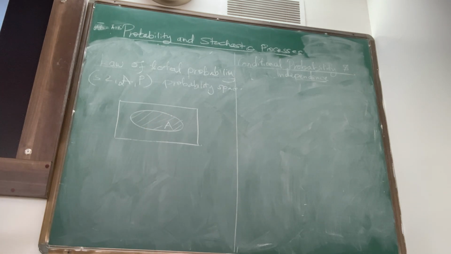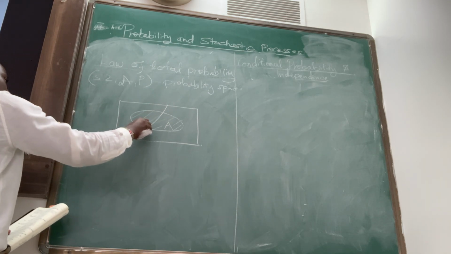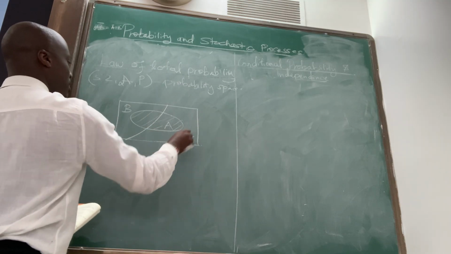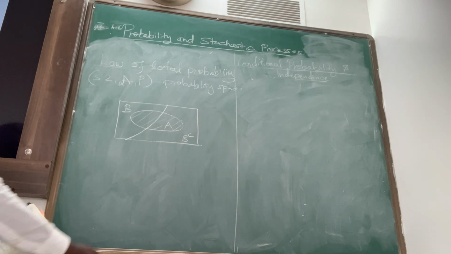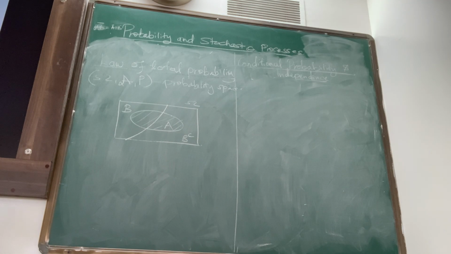But then I'll split this again into two events. I'll call this B, and of course this one will be B complement. And this is my entire sample space.